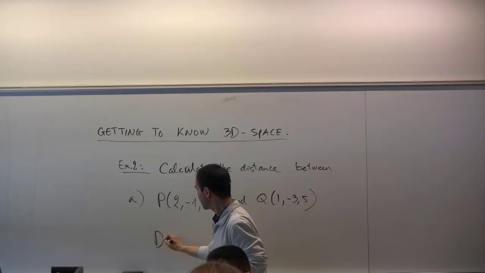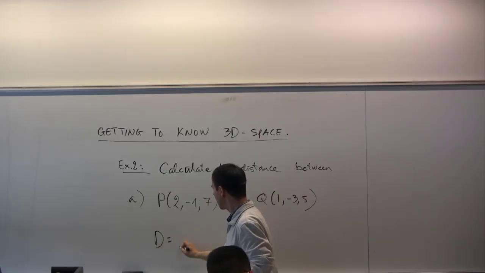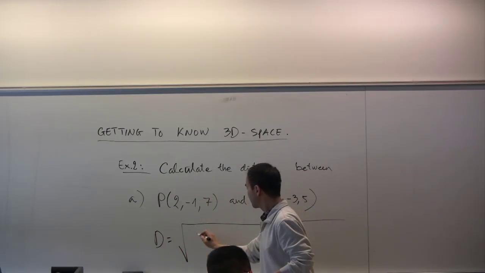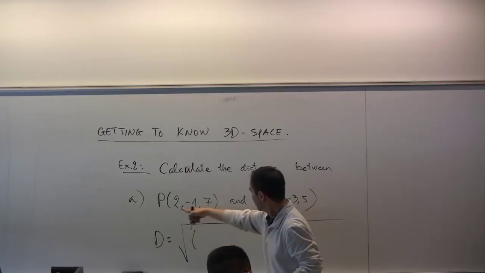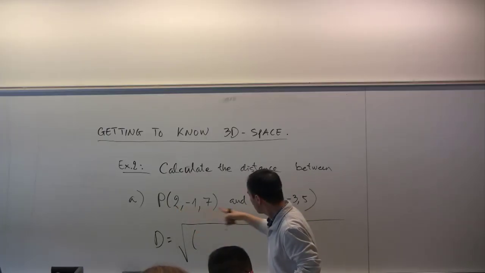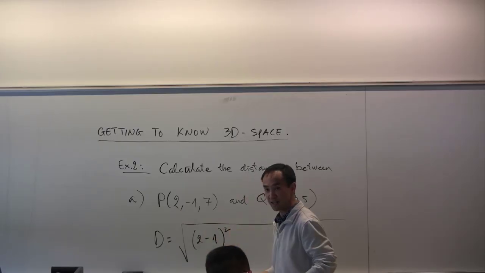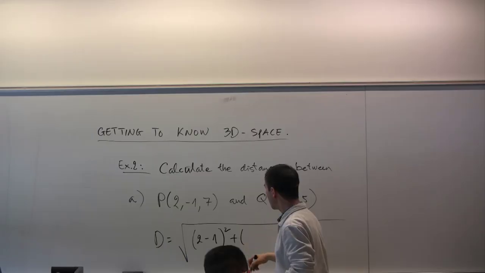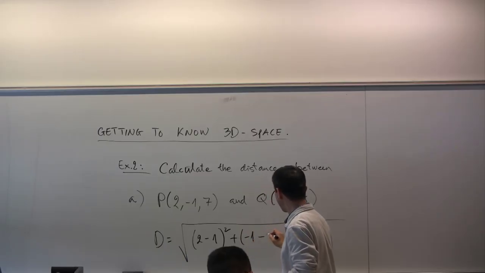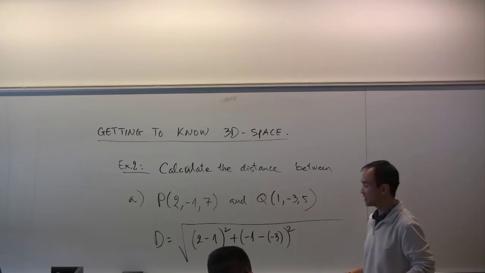So you find the distance: the square root of the change in x coordinates between these points, so it's 2 minus 1, and make sure you square that. Then the change in the y coordinate, so -1 minus -3. Be careful with signs right there.